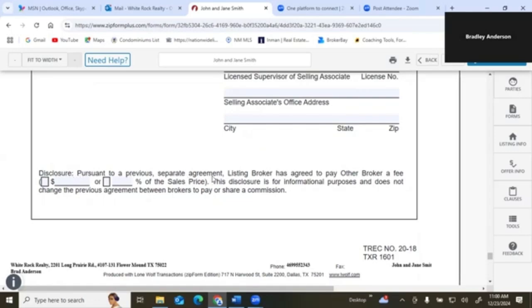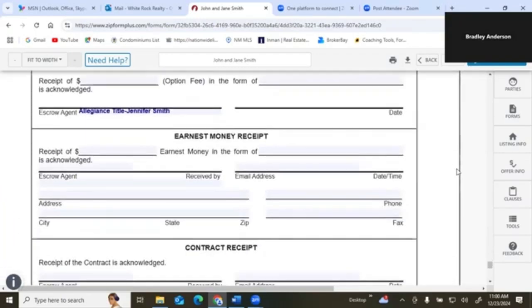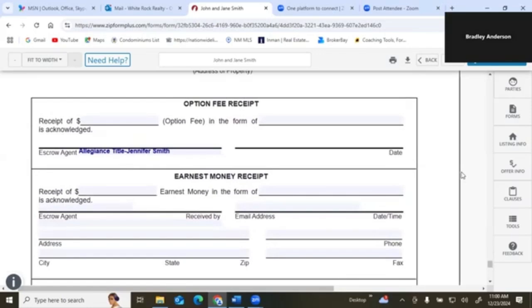Pursuant to a previous separate agreement, listing broker has agreed to pay other broker a fee of X amount. This disclosure is for informational purposes only and does not change the previous agreement between brokers to pay or share commission. And then the last page is just a receipted page. You give this to the title company that receives the earnest money and option fee.